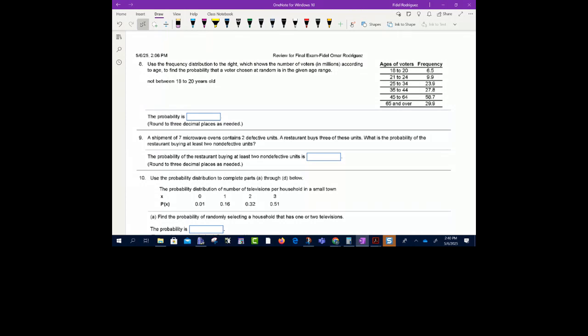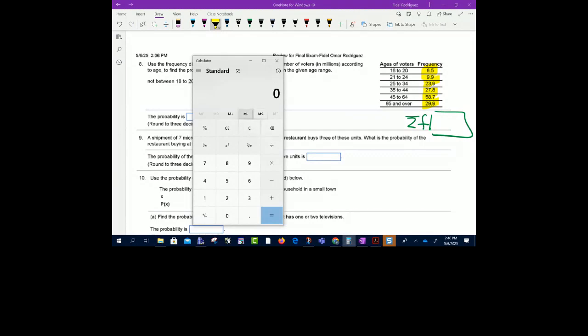Okay, let's do this. Y'all, when we did that very first question this afternoon, remember how we found the sum of the frequencies? Let's add up those folks right there. Again, y'all, I got a 6.5, I do this because this helps me. 23.9, 27.8, 58.7, and 29.9.